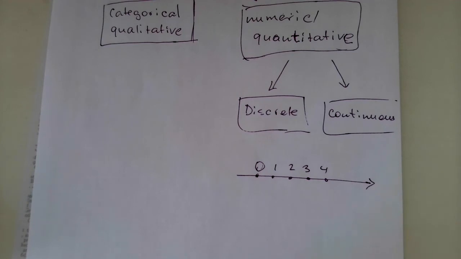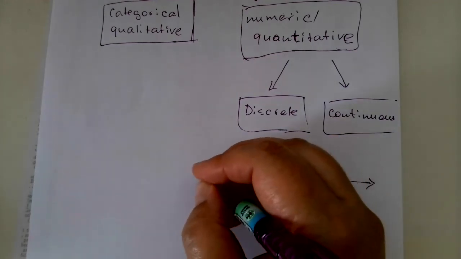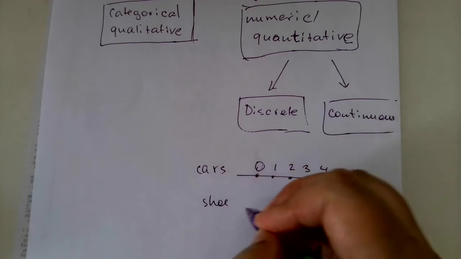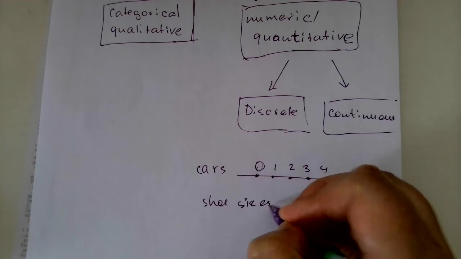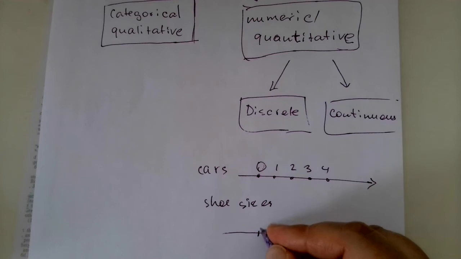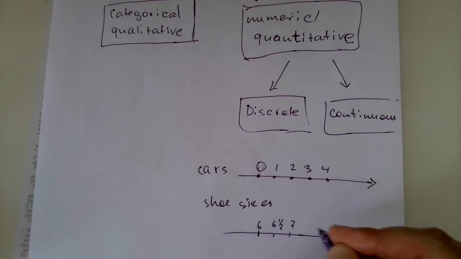However, sometimes we may have fractions. So this is cars. What about shoe sizes? We may have halves in shoe size. So we could have 6, and then 6.5, and then 7, and then 7.5.